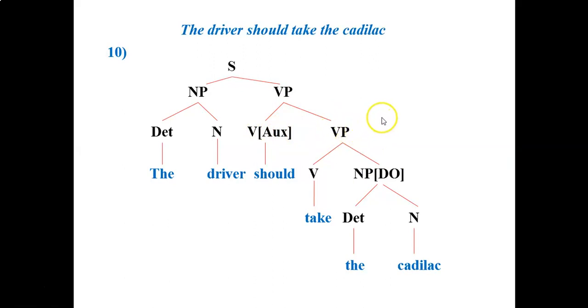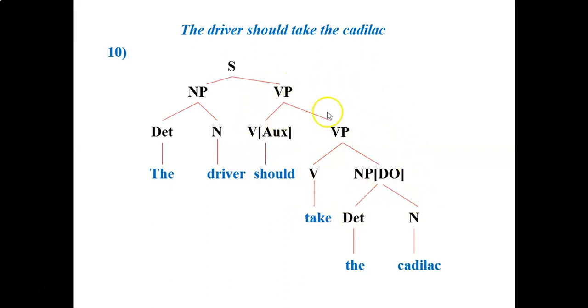In other words, auxiliaries subcategorize for VPs. And in this tree diagram, take the Cadillac occurs alongside the auxiliary should, and that contains the main verb take.